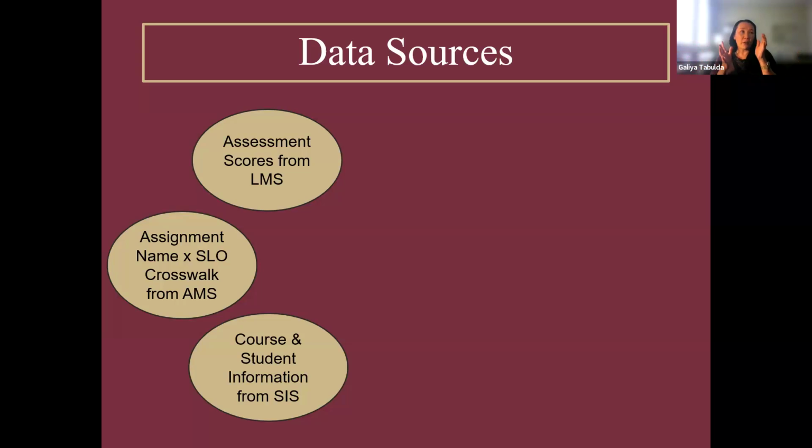We are only interested in students who are actually graduating with your credential, so feel free to exclude other students. And we also use information about the connection between your student learning outcome at the program level and the assignments, parts of the assignment, or rubrics that you're using for assessing that SLO. We got that as well.